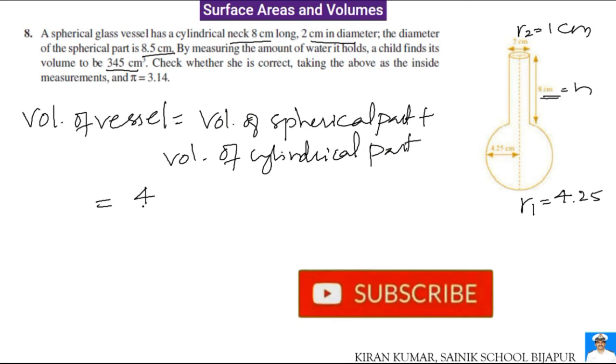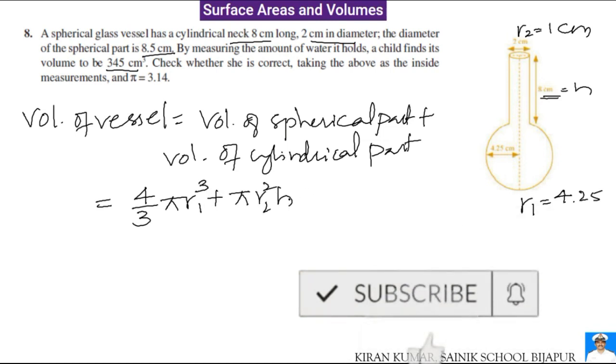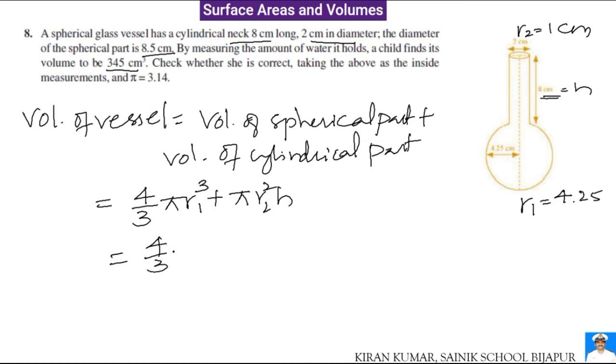Volume of the spherical part is 4 by 3 pi r1 cube plus pi r2 square into h. We get 4 by 3 pi times the radius 4.25 whole cube plus pi times r2 square, which is 1 square, into h, which is 8.